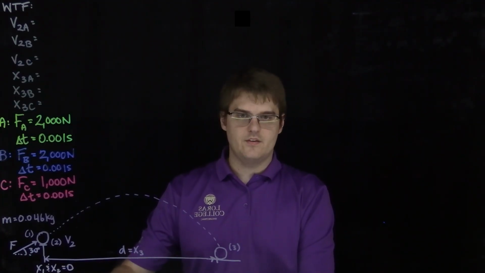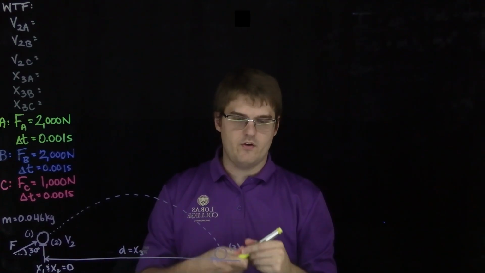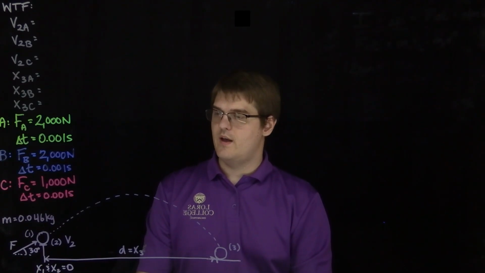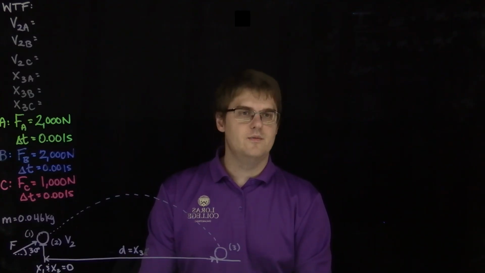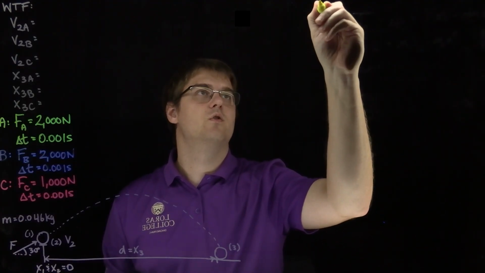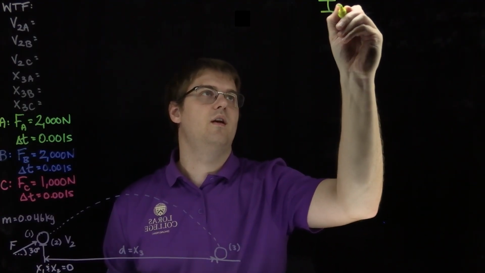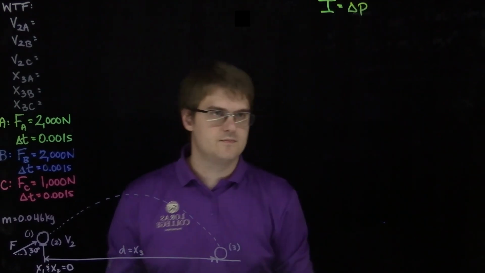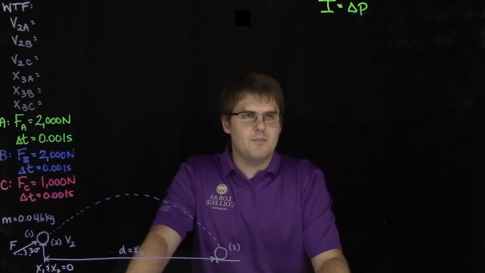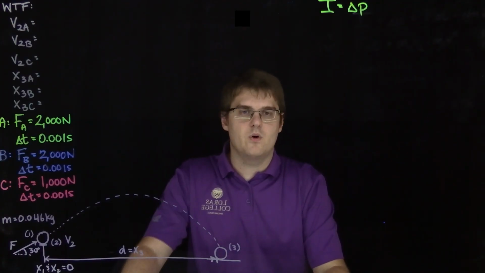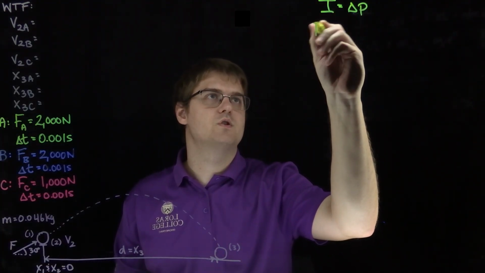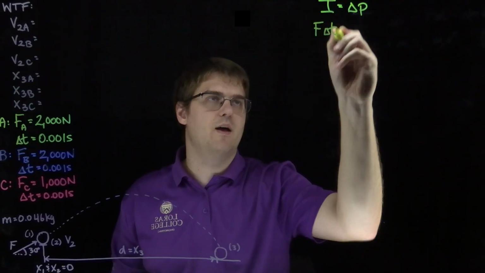That's the problem. Hopefully I have all of the variables written out there. We're going to go ahead and start with golfer A, and we will start by writing out our impulse equation. So we know that impulse is equal to our change in momentum. I will tell you that I almost always skip writing this one out. What I would normally write out is impulse. Well, impulse is a force applied over some amount of time.